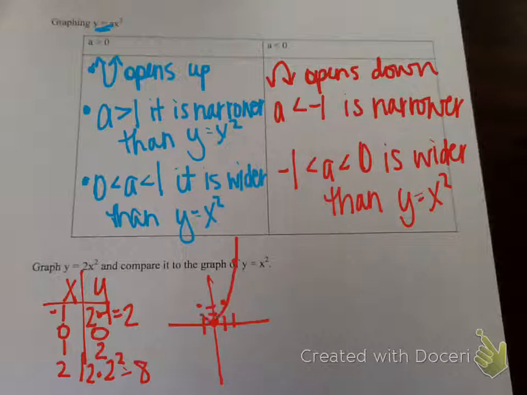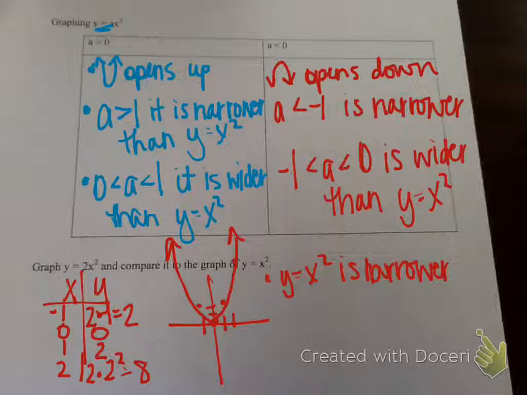So my parabola is going to look like this. And the things that we're going to use to compare is we're going to say y equals 2x squared is narrower. They have the same axis of symmetry because our vertex is at 0 here.